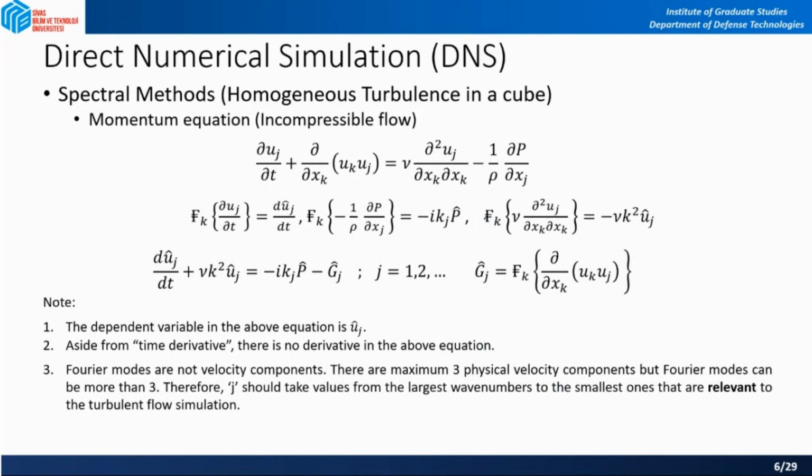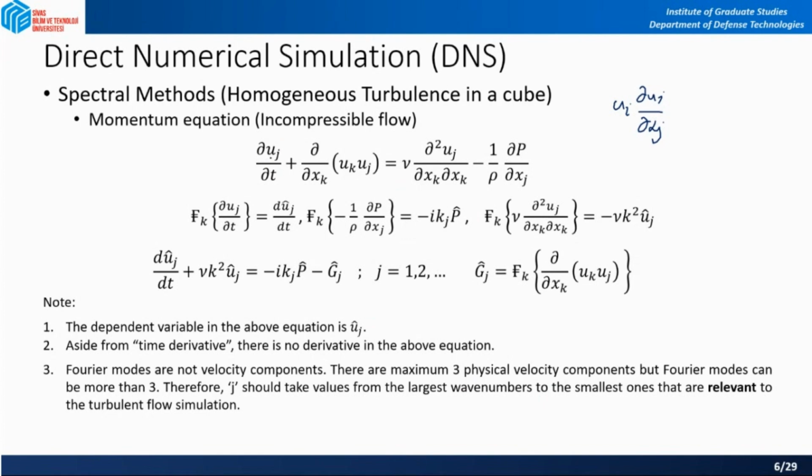So you can guess how we can do the same thing for the momentum equation. The momentum equation involves terms like ui times dui dxj, and so on. Also momentum has this dui dt, right?